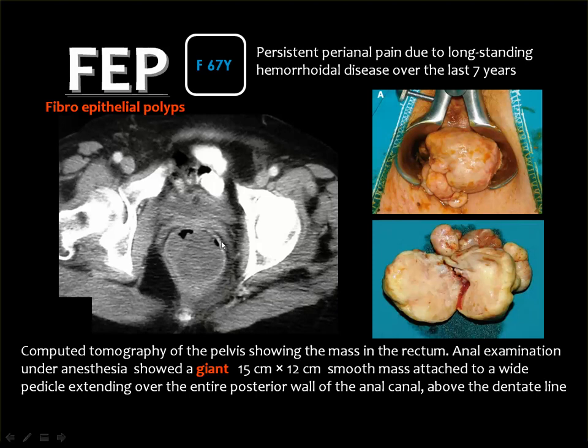If you look at this CT scan, you can see an intraluminal relatively hypodense polypoidal lesion within the distal part of the rectum and the proximal part of the anal canal.